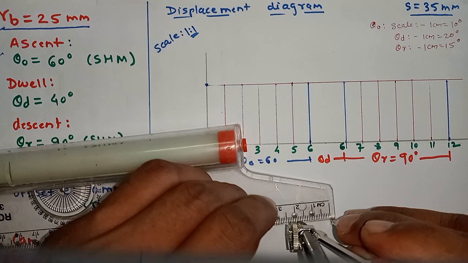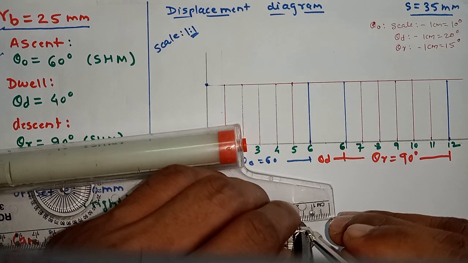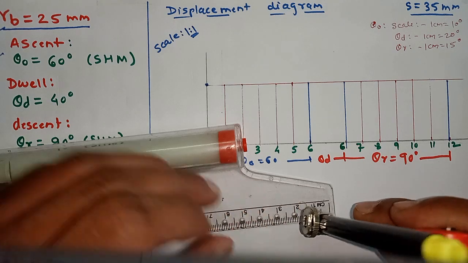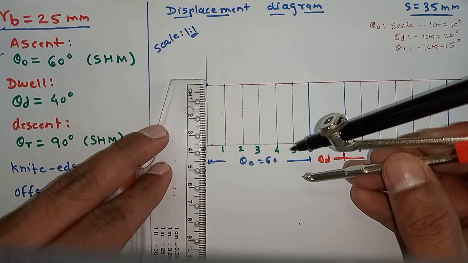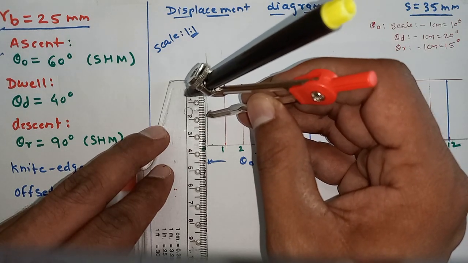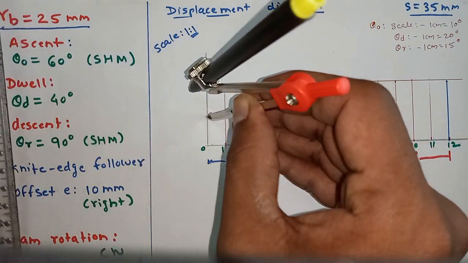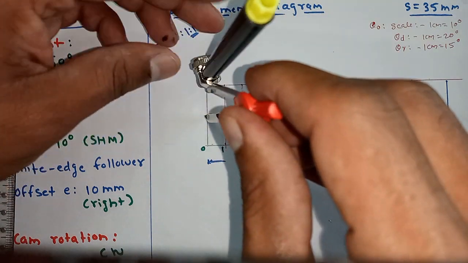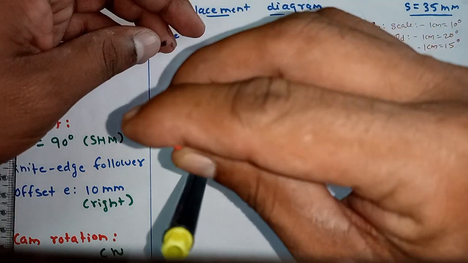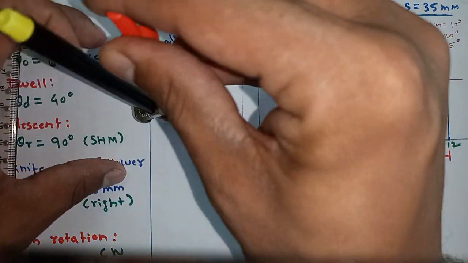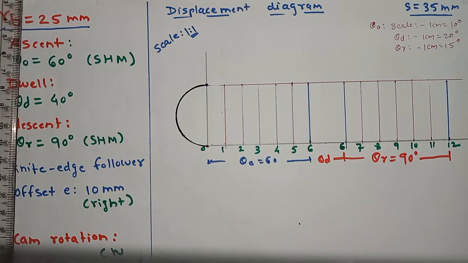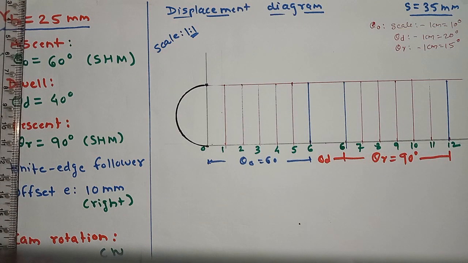Locate the center. This is the center, and this is the radius. So this is the semi-harmonic circle having diameter equal to the stroke length.